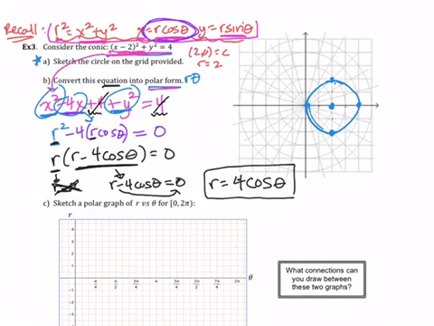Now, based on our very first lesson, remember we learned this already. We learned that if it's a cosine theta right here, the graph of a circle is going to be on the x-axis. We learned that this 4 represents the diameter of the circle. We learned that if it's a positive 4, it's going to be on the right-hand side, and if it's negative 4, it would be on the left-hand side. So this should make sense, right?